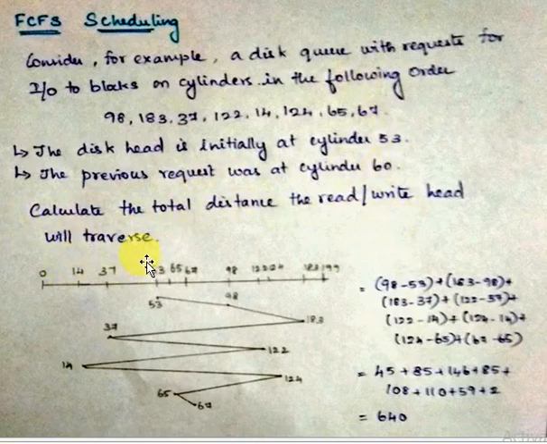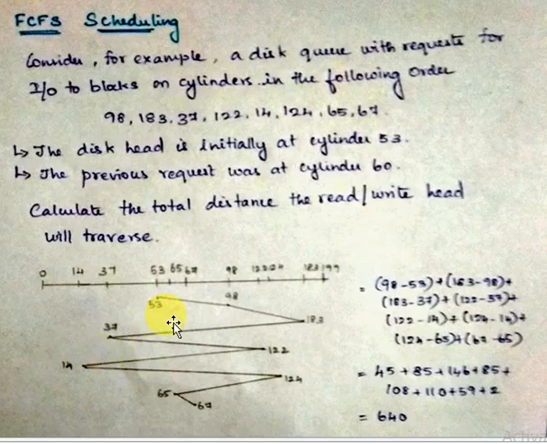To do this, first let us look at the track numbers and assume that the total size of the disk is from 0 to 200. So we have drawn 0 to 199, and these are the track numbers which need to be addressed: 14, 37, 53, 65, 67, 98, 122, 124, 183 and 199.